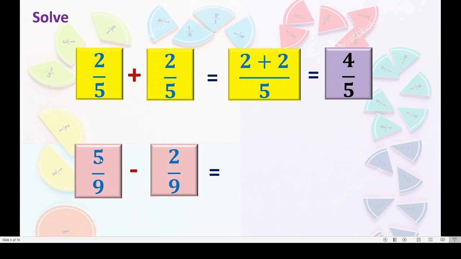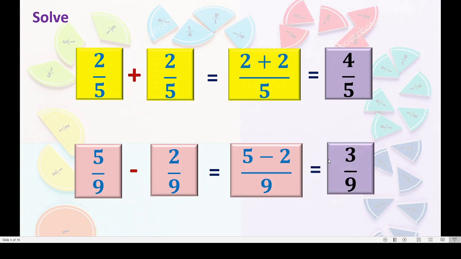How many remain? Now 5 minus 2. Very simple. 5 minus 2 is nothing but 3. So the answer is 3 upon 9. Got this? Here also the denominator is same. Remember, when the denominator remains same, we can carry out the addition and subtraction as usual.